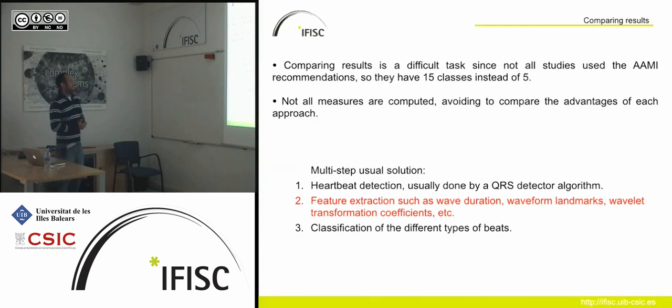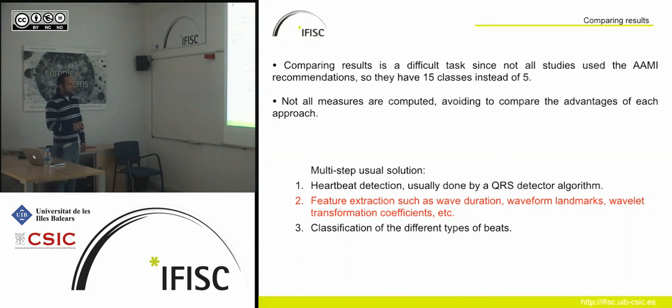Before giving the results that we found, let me recall the multi-step solution that is given by other authors. They have the heartbeat detection, the feature extraction, and the classification itself. In our case, we're going to need the heartbeat detection. For this database in particular, the database is marked where every heartbeat is, so we just read it from the database.